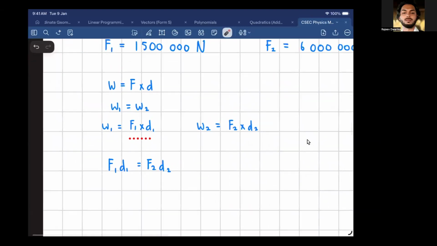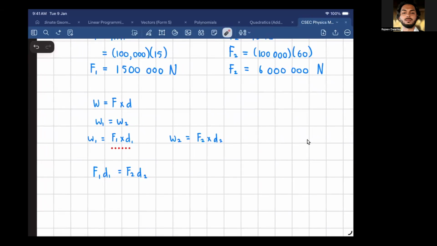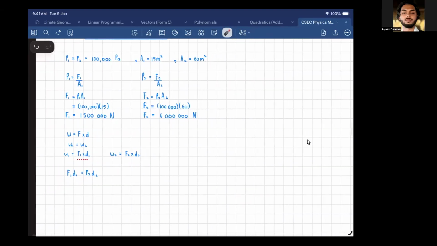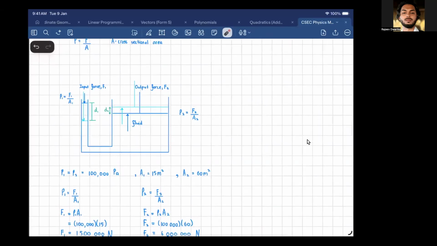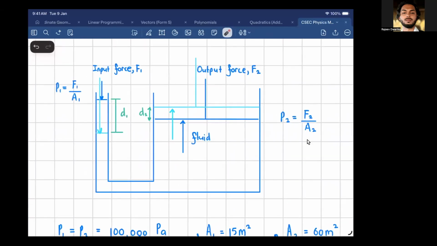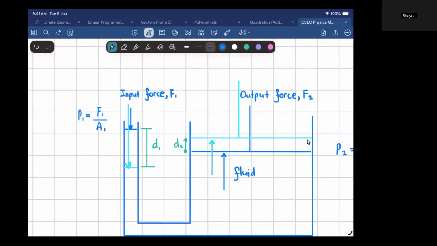So let's prove it. Which distance do you want to find first, D1 or D2? D1. Okay, to do that, I would need to tell you one of the distances. So let me just say that this distance over here is 50 millimeters.